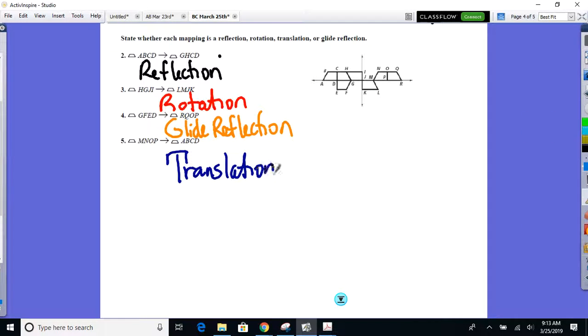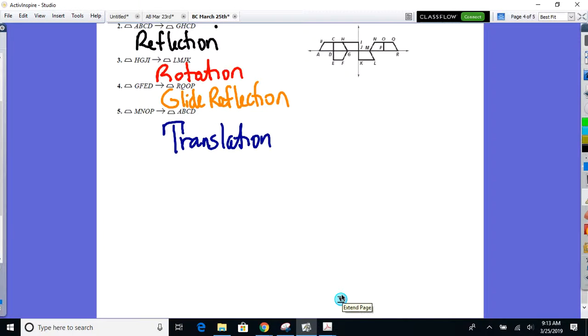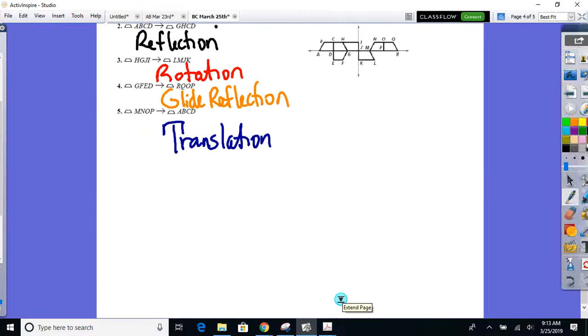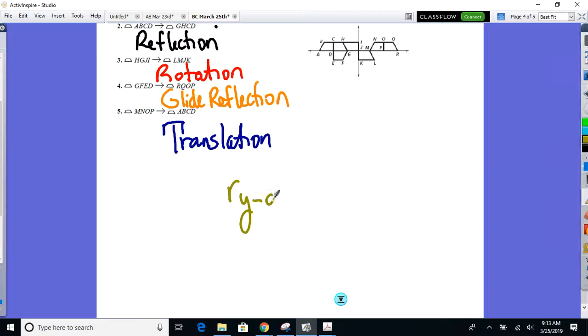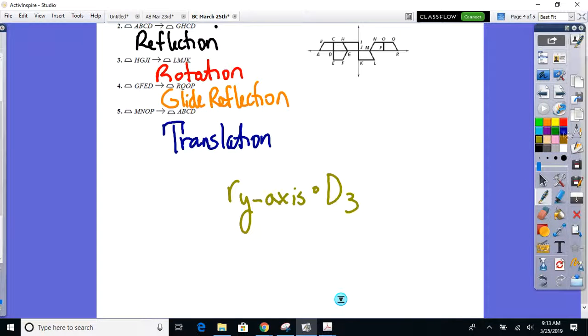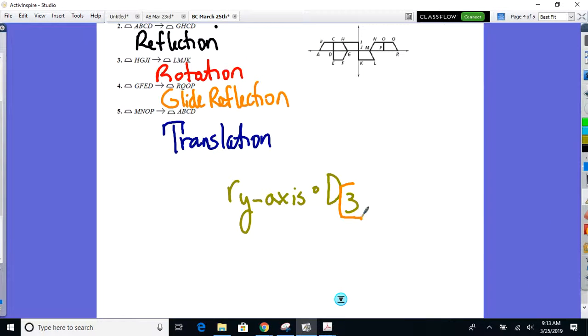All right, a real quick comment before you head out to your packet, which is the homework tonight. Take a look at number 1 for me. I threw a dilation in there, even though we have yet to discuss it. On number 1 for the homework, you're asked to do this composition. You read them right to left, so which one are you going to do first? The dilation. How do I do a dilation? Well, whatever number, and we'll talk in great detail because that's what we're doing on Thursday, I think.